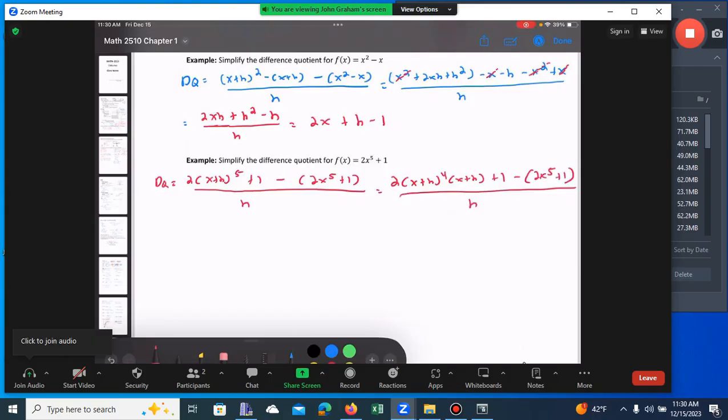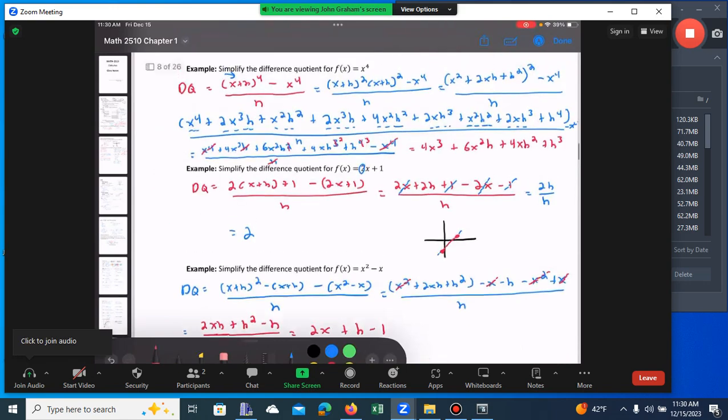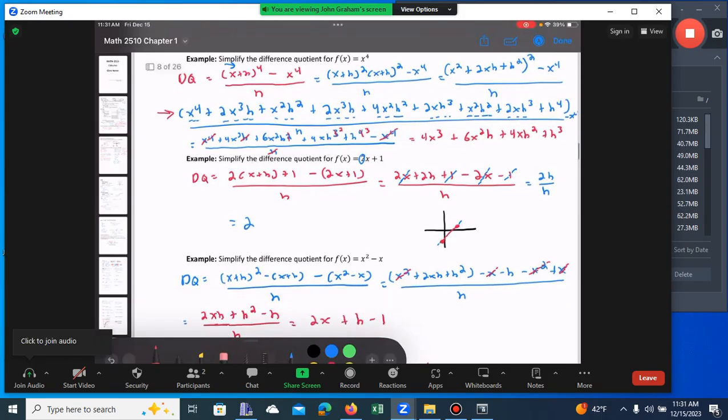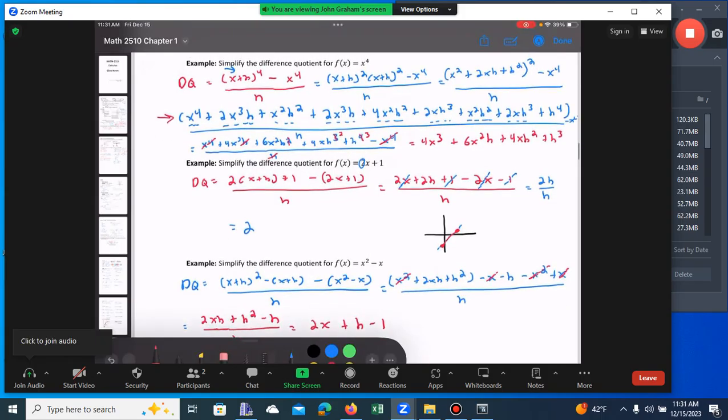We did this part, we did the (x plus h) to the fourth before. We still got to multiply by another x plus h. So let me write out what we had for that. I have to come up to the top here. We had this line here, not counting the minus x to the fourth. Oh, actually, this is x to the fourth.